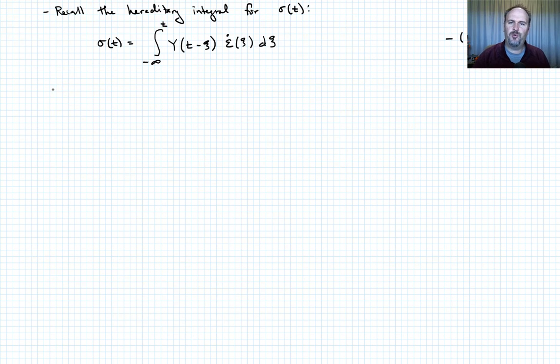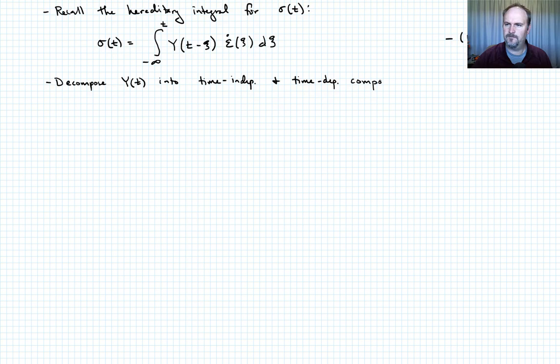And like we have done previously, we're going to go ahead and decompose the relaxation modulus Y into a time-independent and time-dependent component. Okay, so we're going to decompose Y of t into a time-independent component and a time-dependent component.